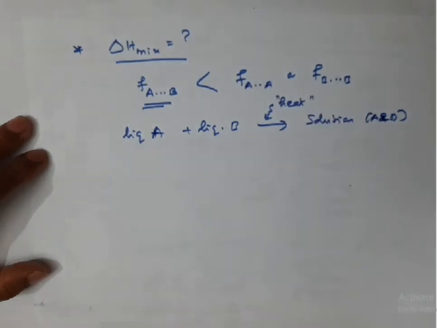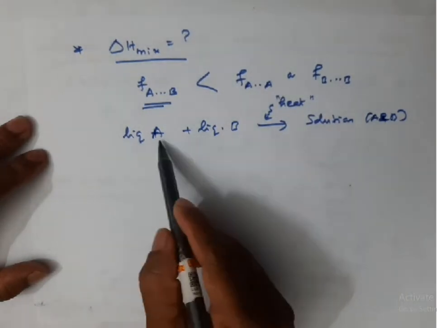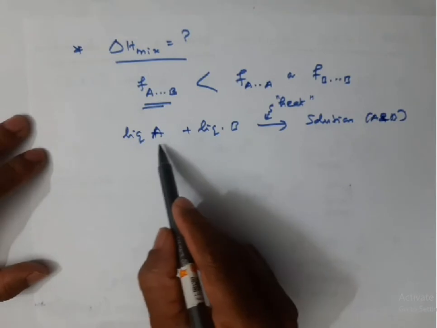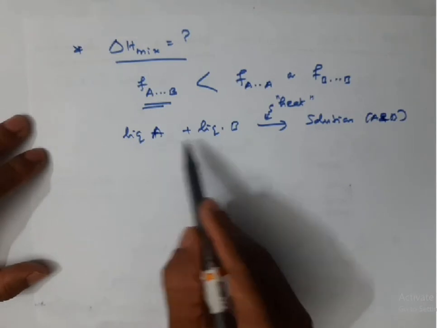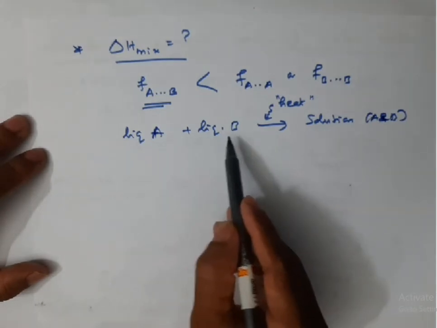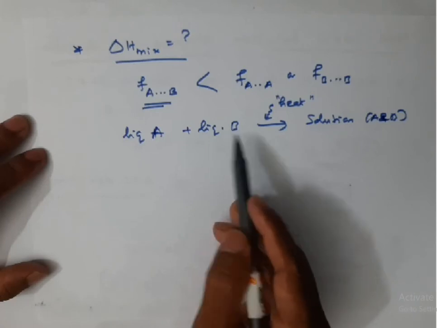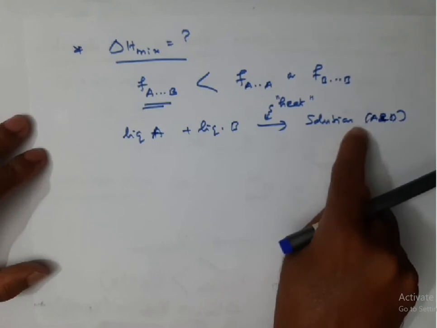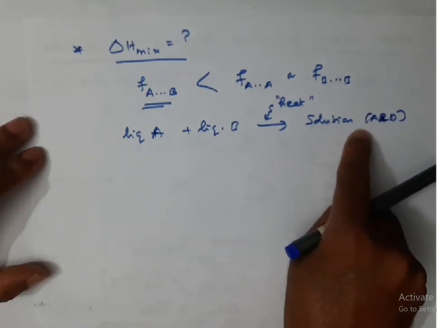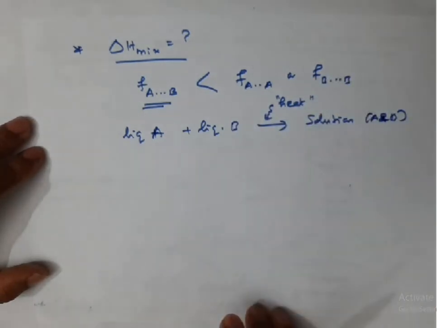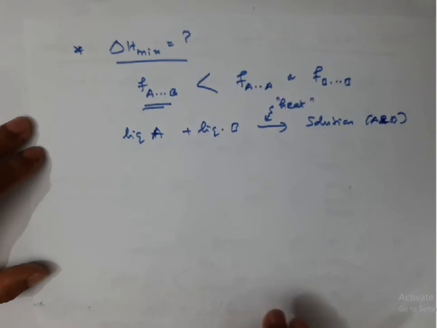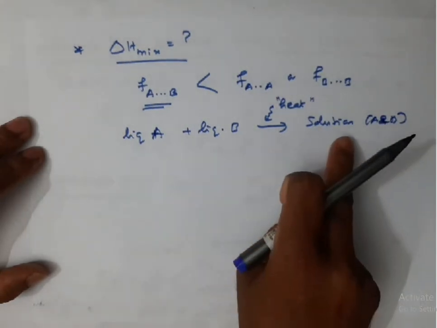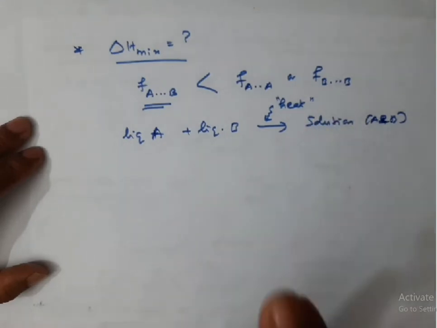Why is heat absorbed? Because to reduce the force of attraction between AA and between BB, so that you get weak forces between A and B, you need to supply heat. Whenever forces of attraction decrease, you must supply heat.